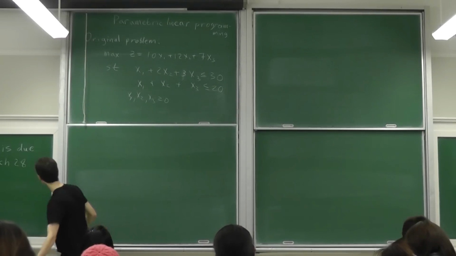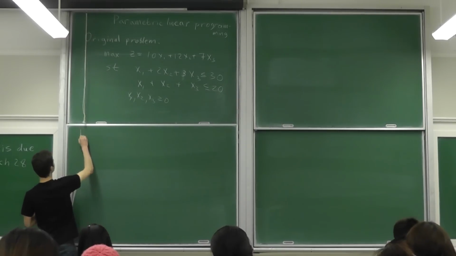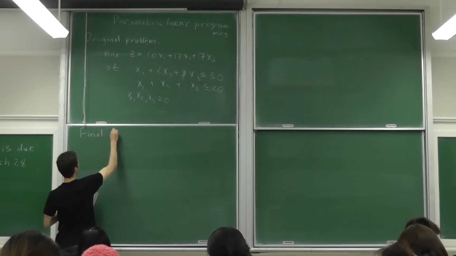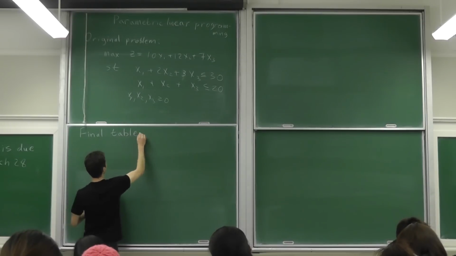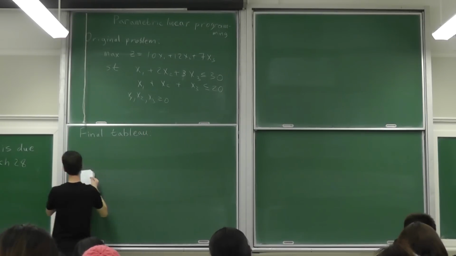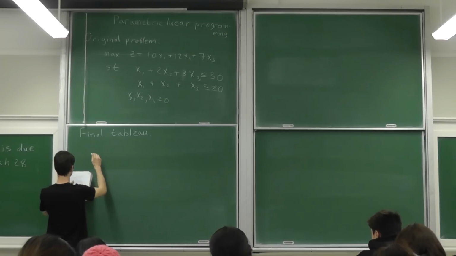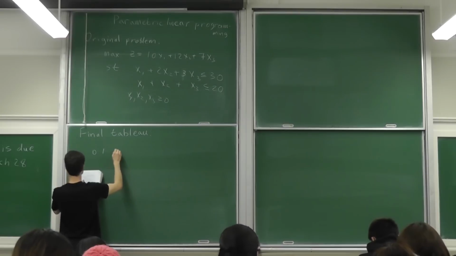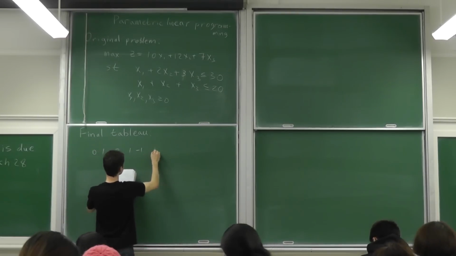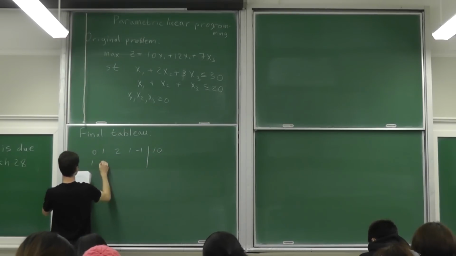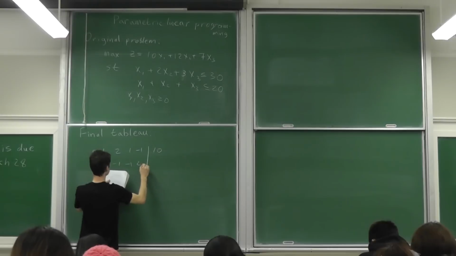And I also write the solution to this problem, the final tableau. It is 0, 1, 2, 1, minus 1, 10, and 1, 0, minus 1, minus 1, 2, 10.